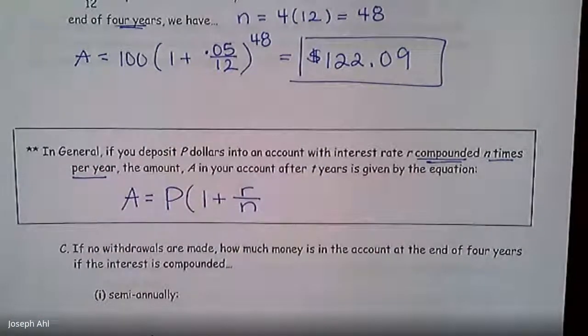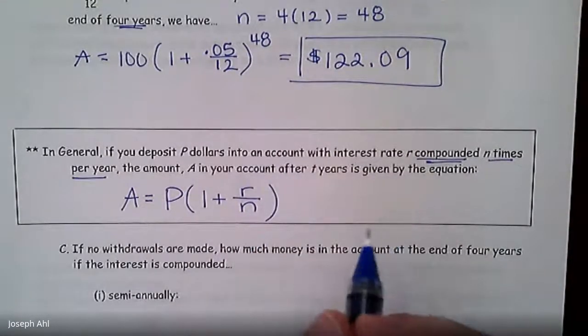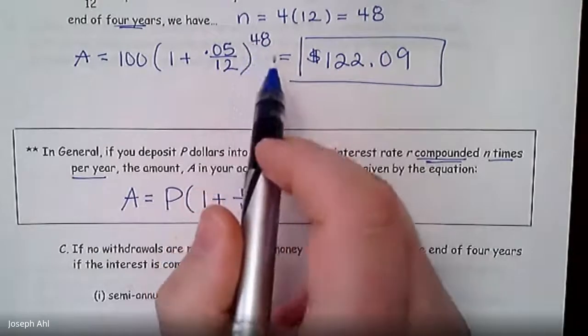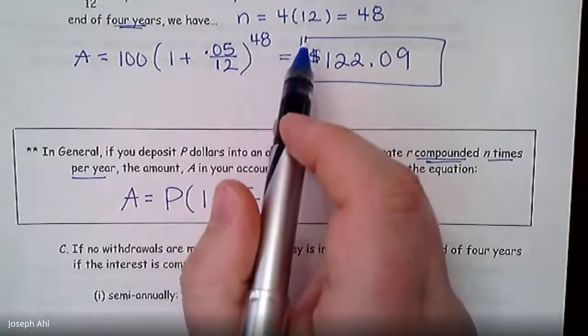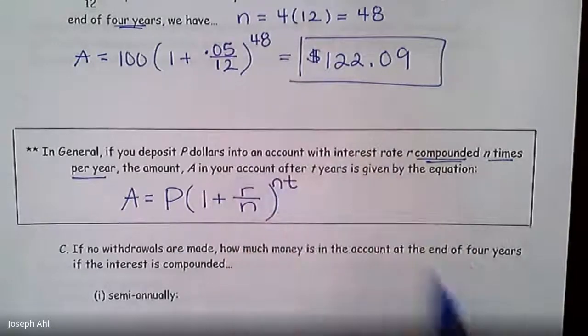Okay, so you'll notice here that we took the rate for compounded monthly and divided by 12. That's going to be raised to, how did I get the 48 up here? I took the value of n, which was 12, and multiplied it by the time of 4 years. So the new exponent in this formula is nt.